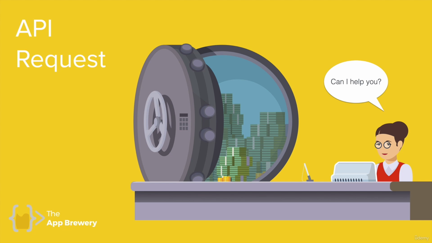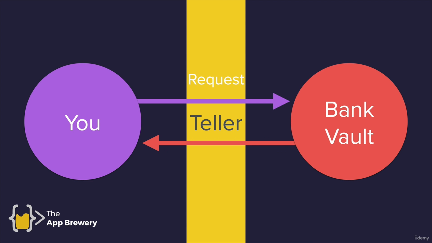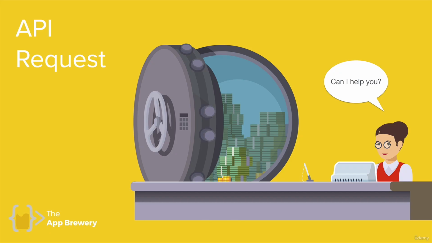Now, this bank teller is kind of acting like the API. It's the interface between you and the external system, or between you and the bank vault. And you can make a number of requests to this lady. You could, of course, ask her to give you some money, but that obviously is going to involve checking your ID, making sure that you have your account number, and she'll have to do a whole bunch of checks.